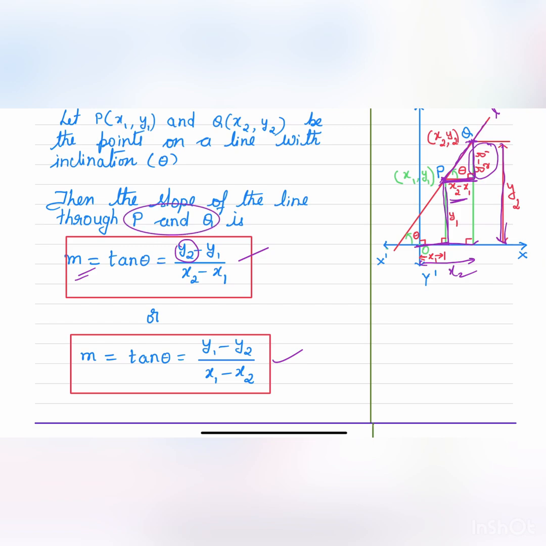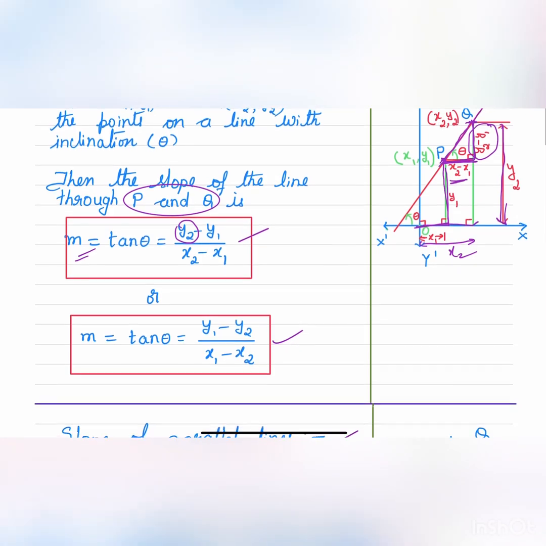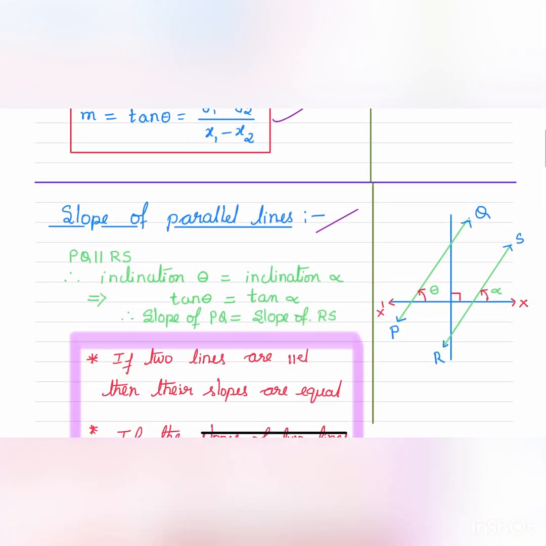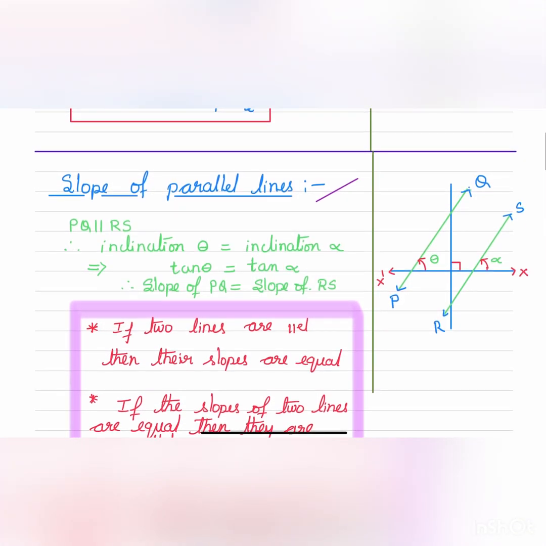Now let us take a look at the slope of parallel lines. In this graph, PQ is parallel to RS, and when they are parallel, let us take the angle which PQ forms with the x-axis as theta, and the angle which RS makes with the x-axis as alpha.